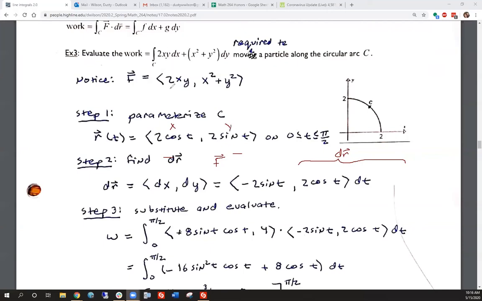So for example, this x component of big F would be 2 times 2 cosine t, times 2 sine t. Got it? Yeah, I got it. Cool. And then you'll substitute it in, so that would give you the 8 sine t cosine t. Other questions? Very good.